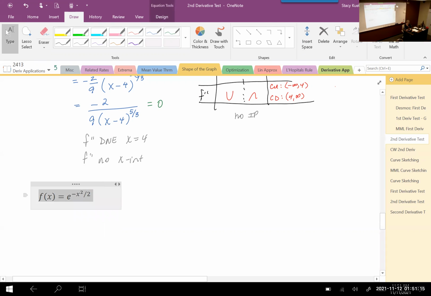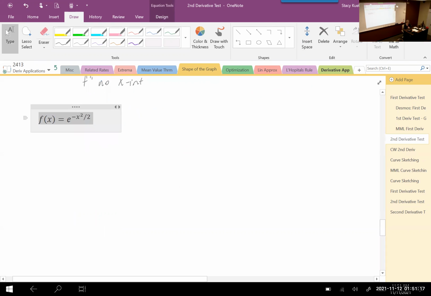Here I have the function f of x is equal to e to the negative x squared over 2. These are kind of fun to look at. I was wondering what these look like personally. So I would encourage you to go in and look and see what they look like.